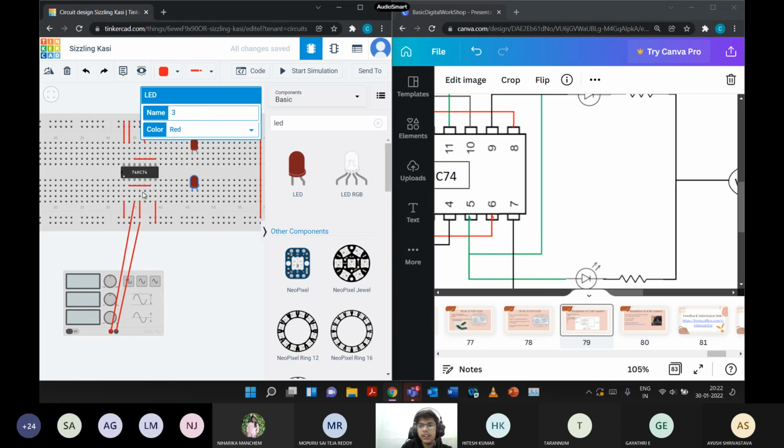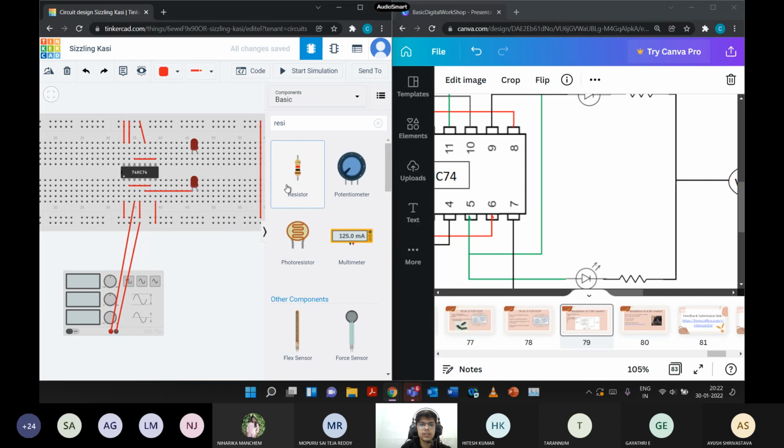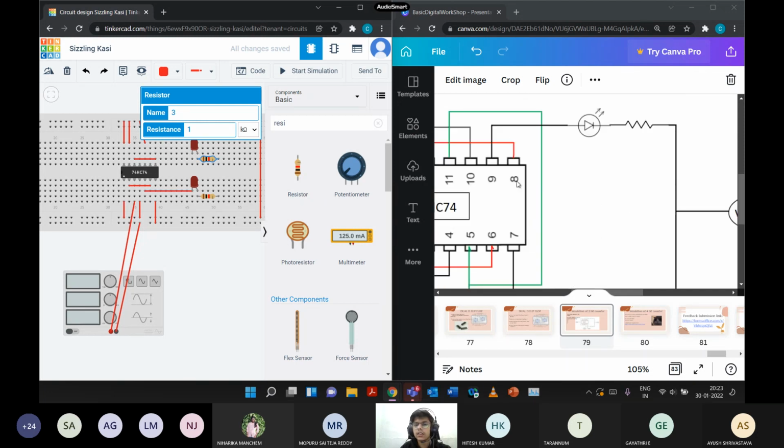The 5th wire goes to the LED negative terminal, and it will have a resistor in series. Okay. Also has a resistor in series, and ninth one.